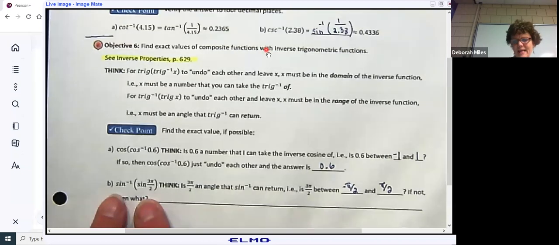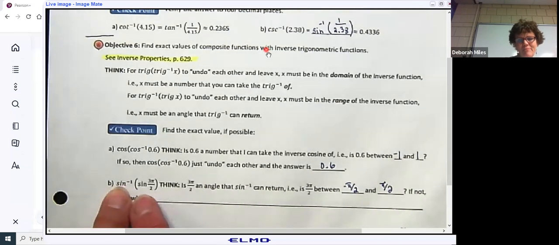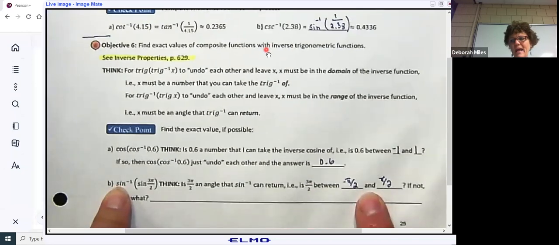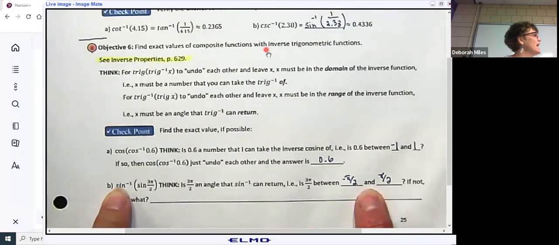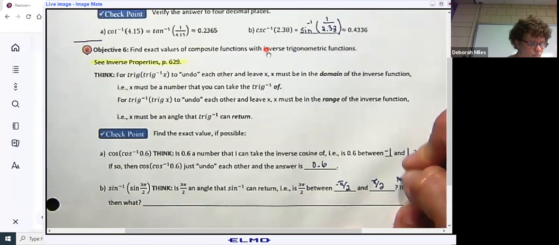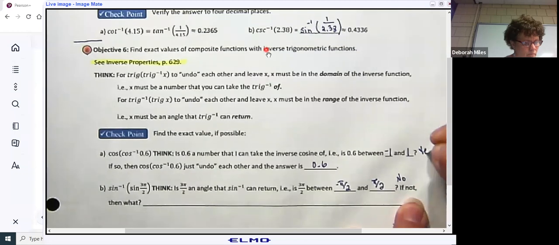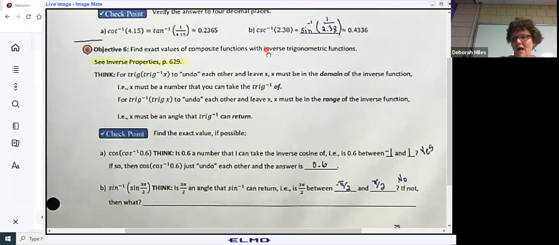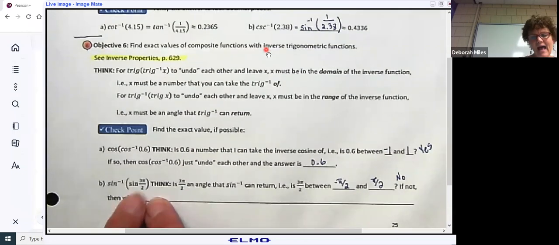So in order to say these undo each other and leave me 3/2 pi, I have to think, is 3/2 pi an answer that inverse sine can give me? Is it between -pi/2 and +pi/2? No, it's not. So this answer cannot possibly be 3/2 pi because that's not an answer inverse sine can give me.